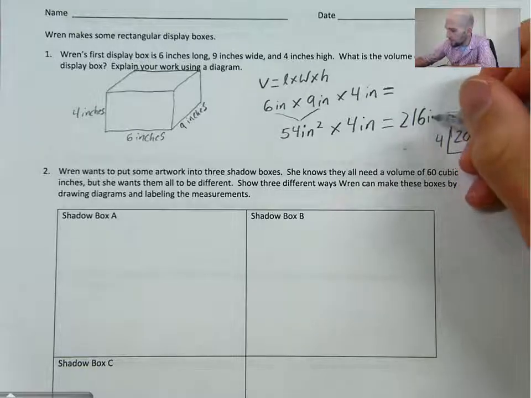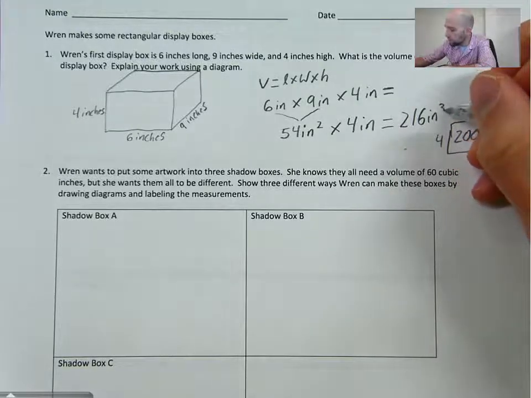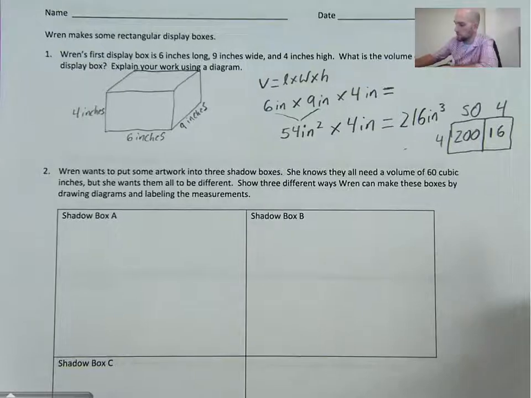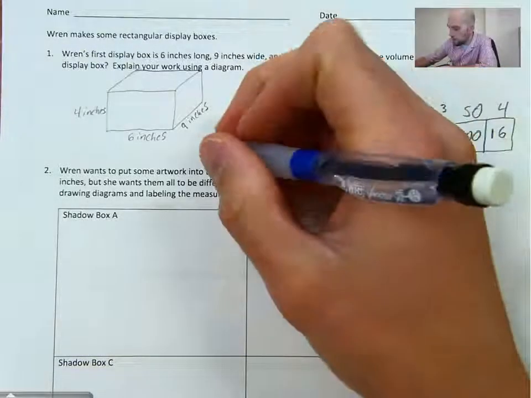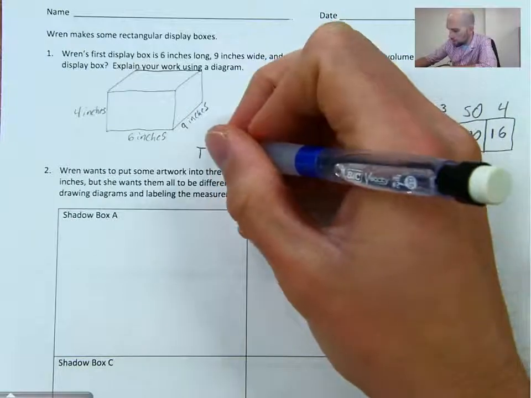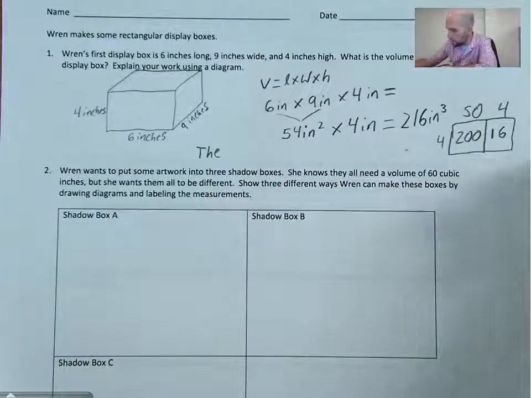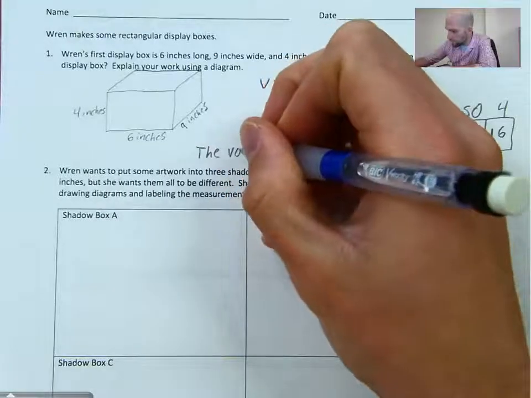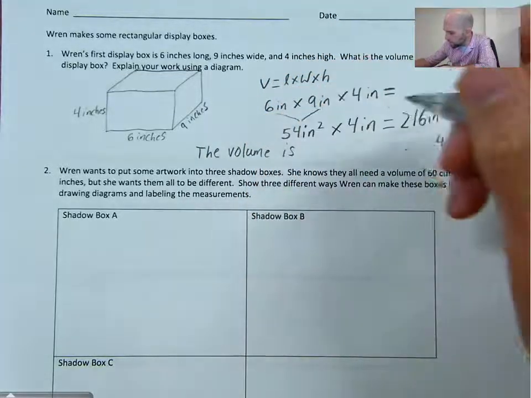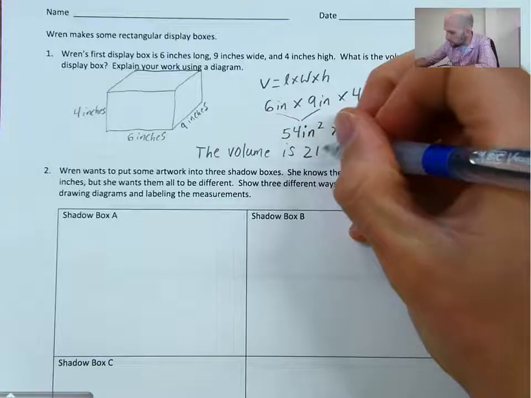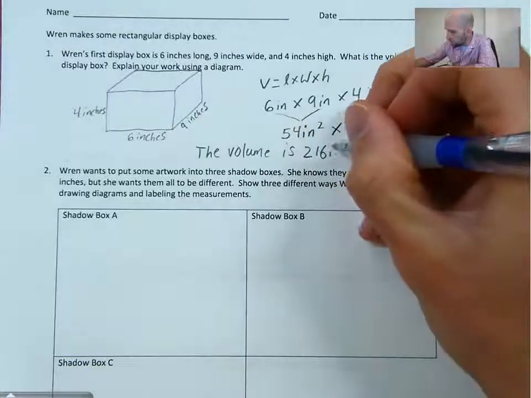And that's going to be in cubic inches, so inches cubed. And I'll write my answer since this is a word problem. The volume is 216 cubic inches.